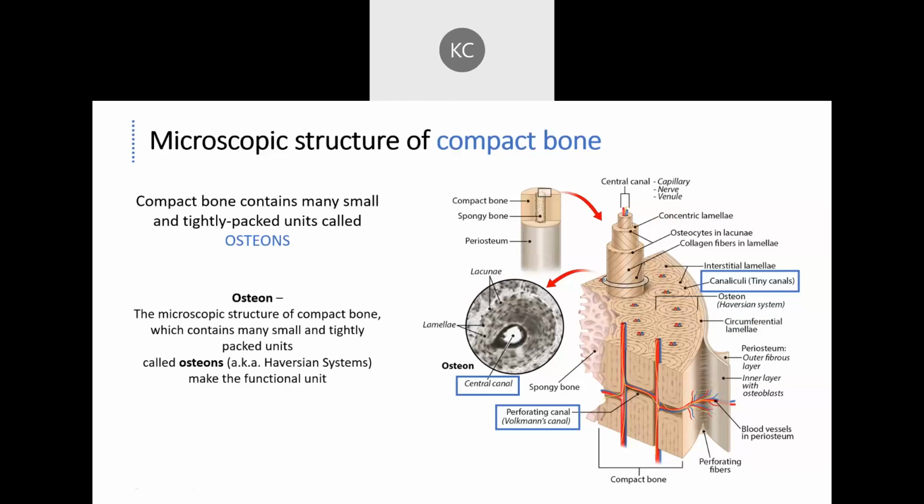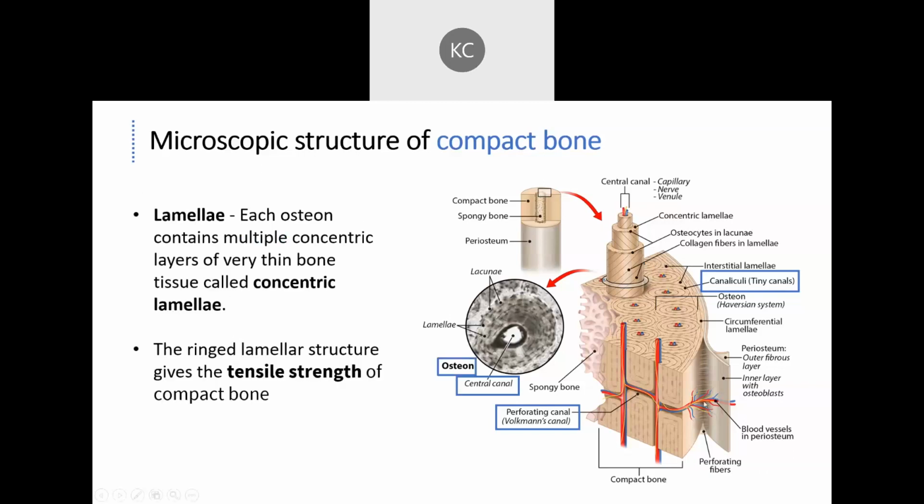They're sometimes referred to as Haversian systems, and we'll look at them a little bit more closely. We'll look at the different features of an osteon, and how it contributes to the overall structure of compact bone. When looking at compact bone, the osteon is made up of something called lamellae.